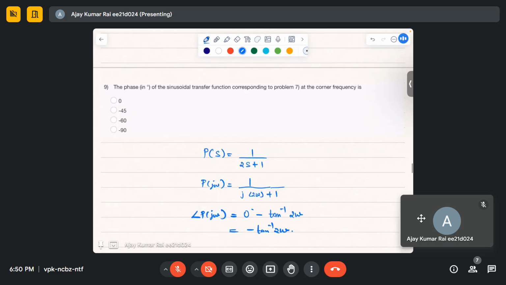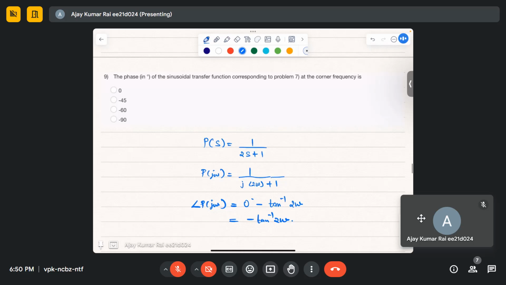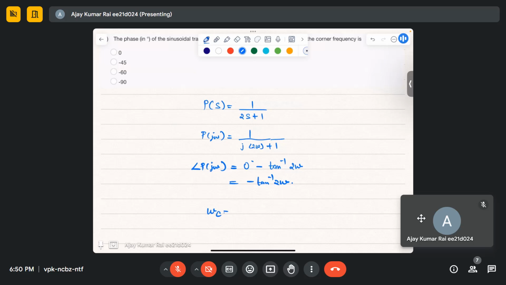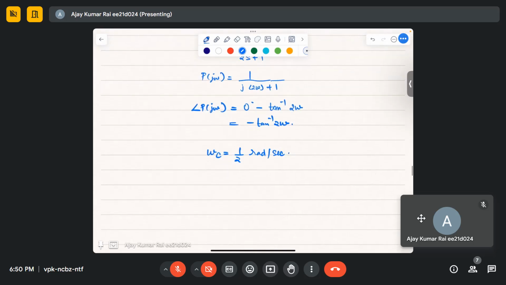In the question we have to find the phase at corner frequency. In the previous questions we found the corner frequency is 1 by 2 radian per second. So let's find the phase at omega equal to 1 by 2.